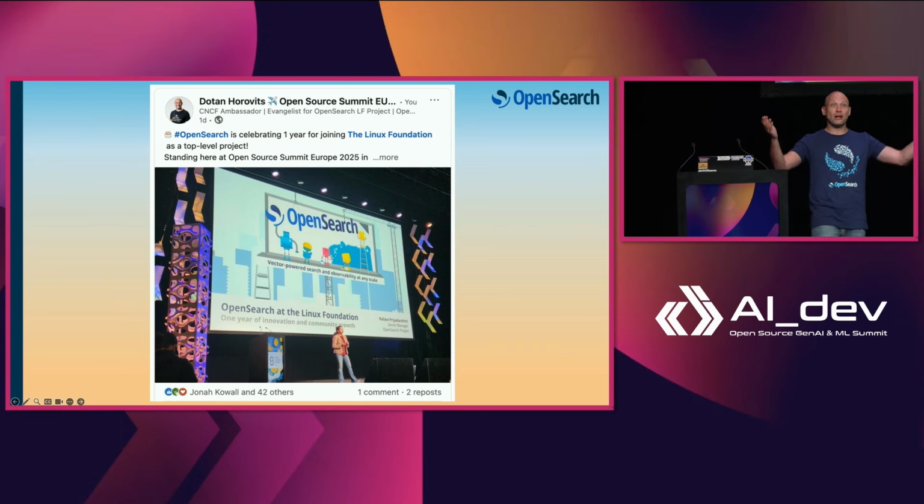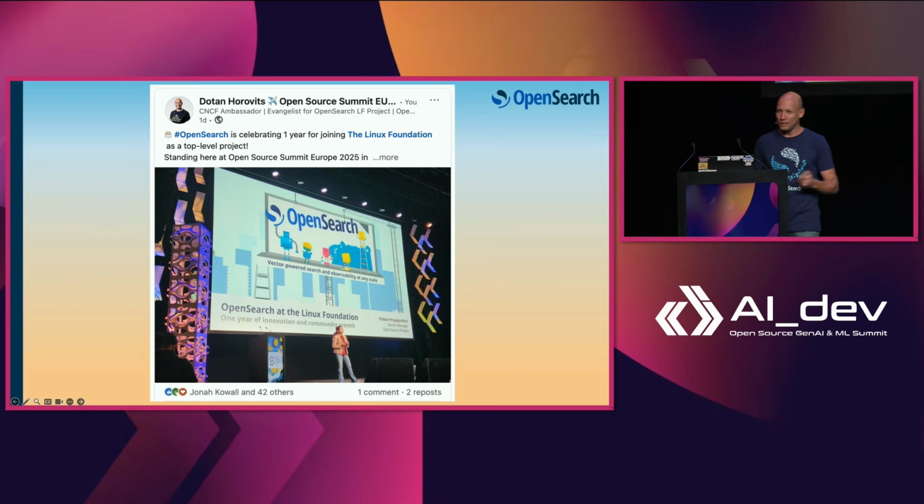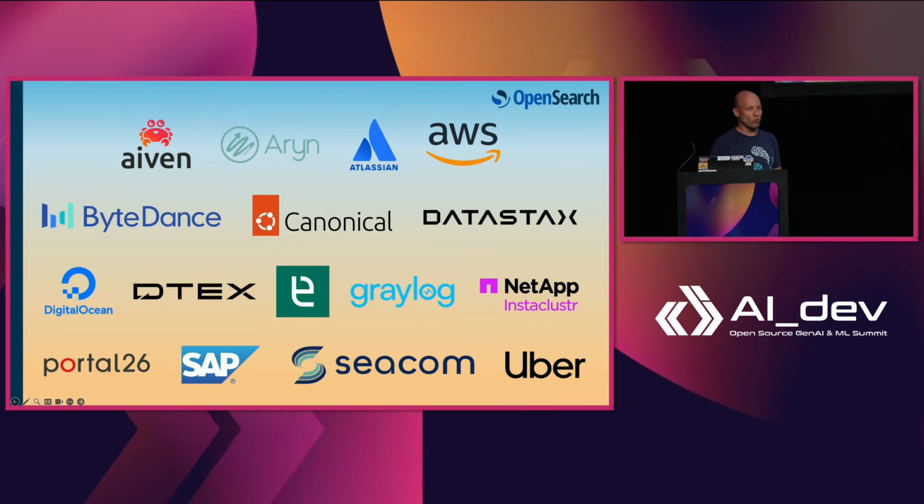So I want a big round of applause for everyone who made that happen. That was a big, big, big milestone. Way to go for everyone who contributed to that. And really, we can see organizations such as Uber, SAP, NetApp, and more that have joined already and are helping drive this project forward. So that's a bit about the project and the community.